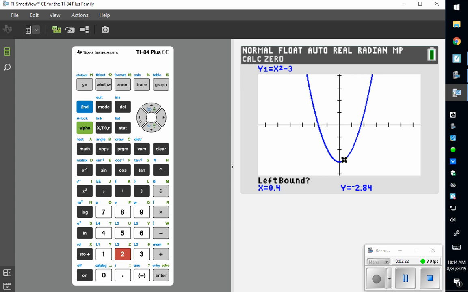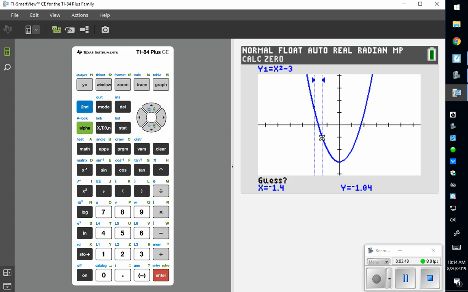Our choices are to just move the cursor by pressing the arrow, or instead we could type in a number like -2, and now the cursor's on the left. Some calculators give you this nice boundary line. Okay, the second question has popped up. It wants a right bound. So we can move the cursor to the right of the 0 or type in a number like -1.